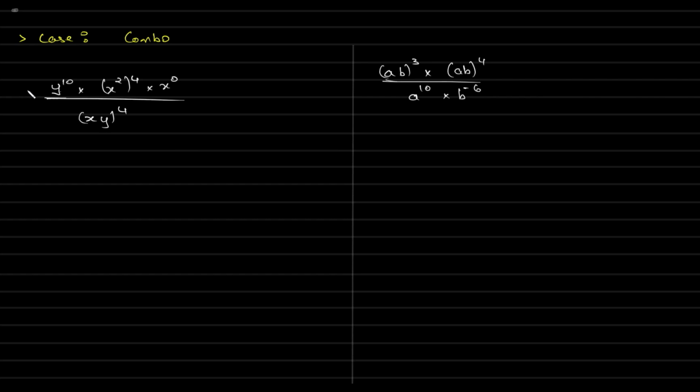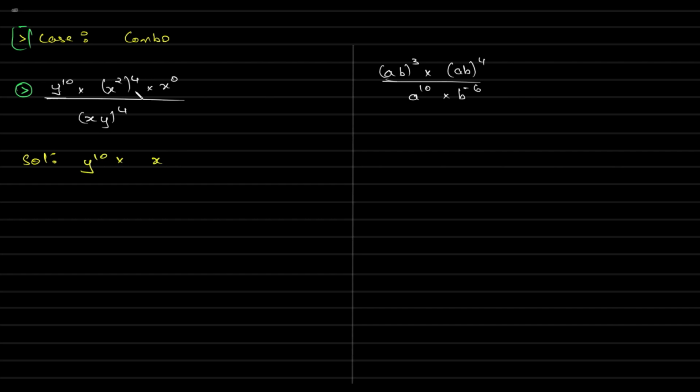So last 2 problems, a combo of things, right? Now here we can see there are two variables and the powers are a mix of things. So let's do this. Anything complicated over here? Not exactly. We can handle it.